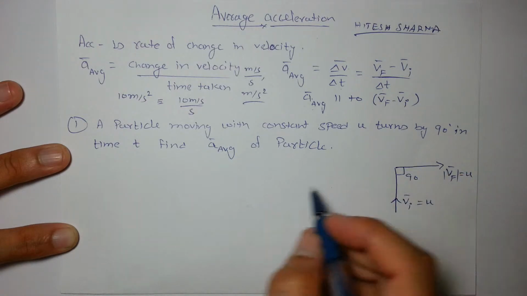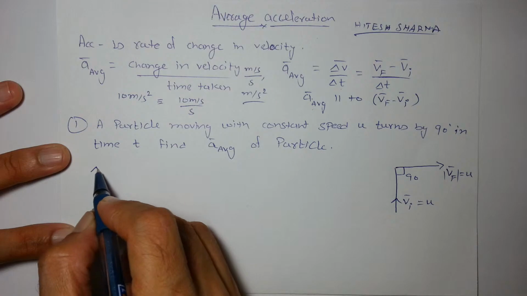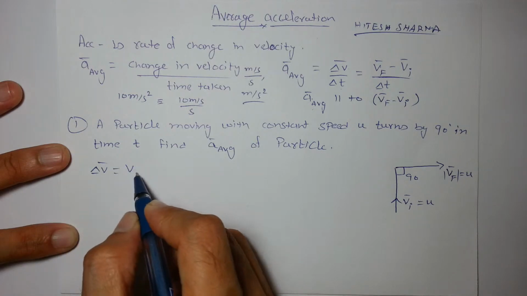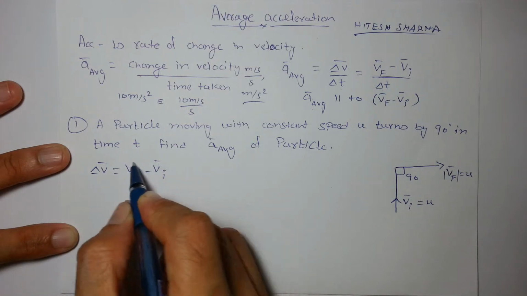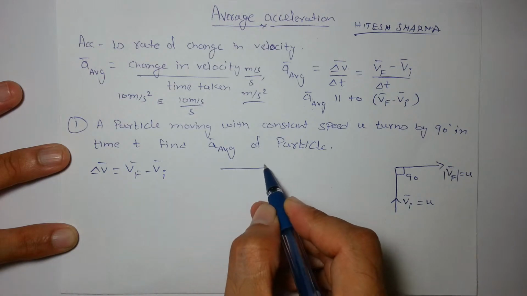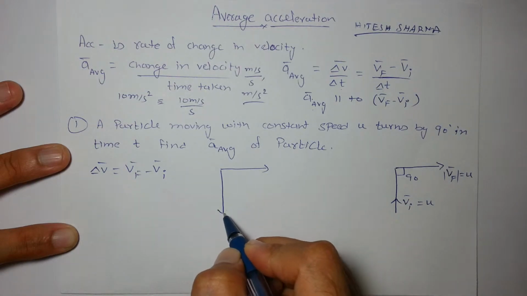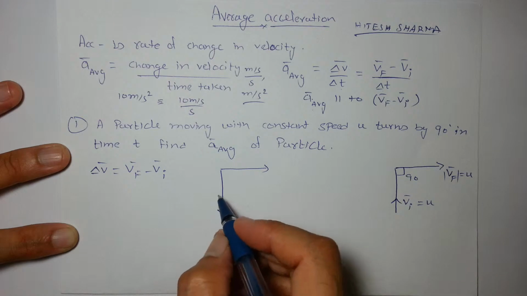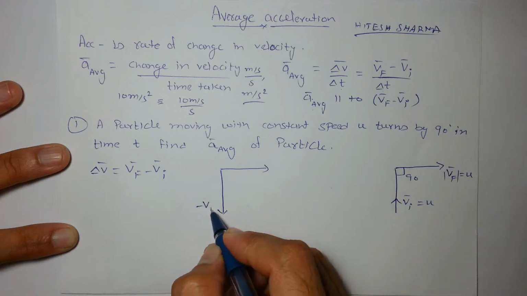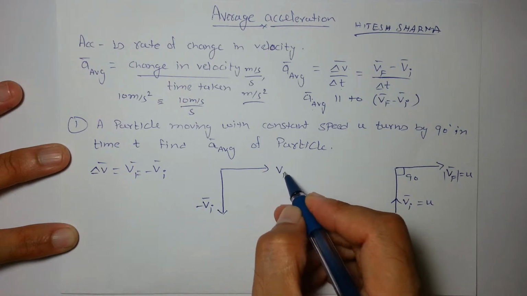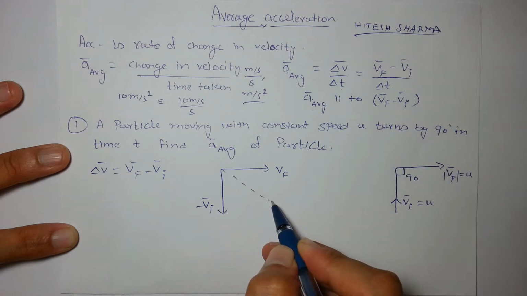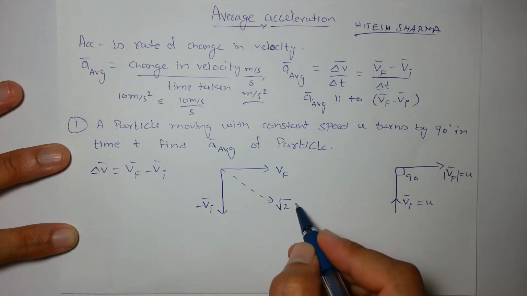So what is the change? Delta v is final minus initial. So this is final and this is initial. With a minus sign, just reverse the arrow. This is minus v initial, this is v final. So the resultant will be root 2 u.